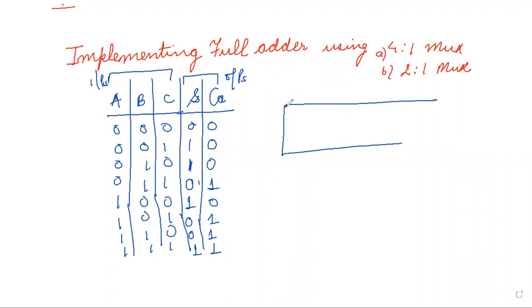This makes it convenient. You can directly know it from the truth table, but this makes the thing convenient. Okay.